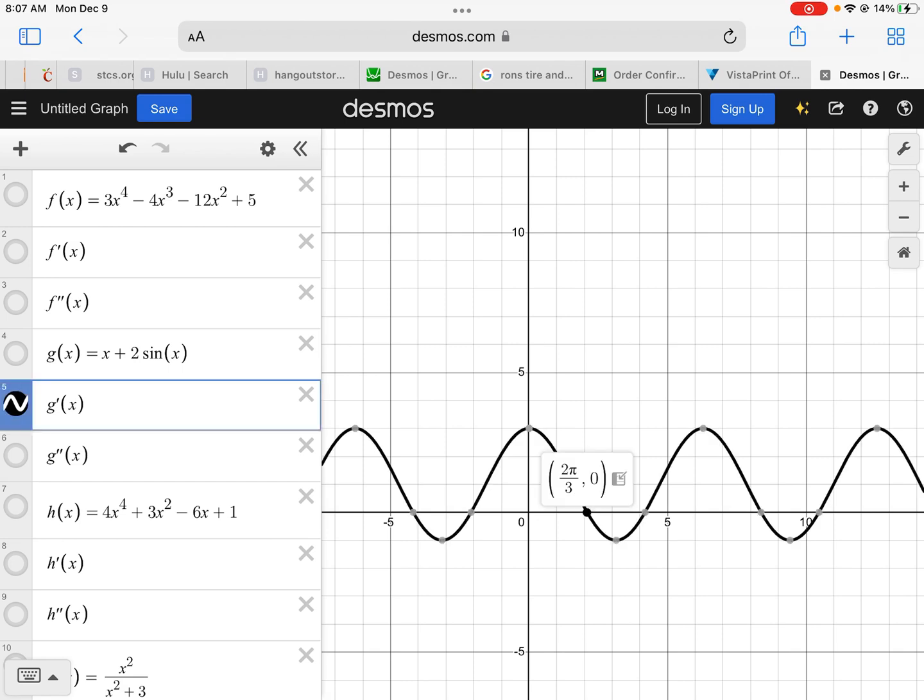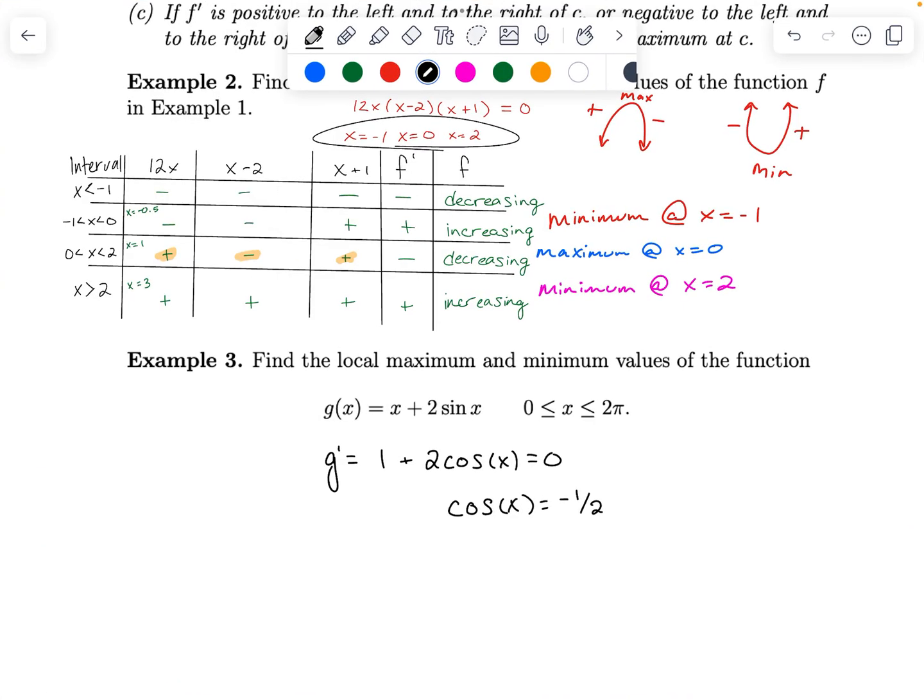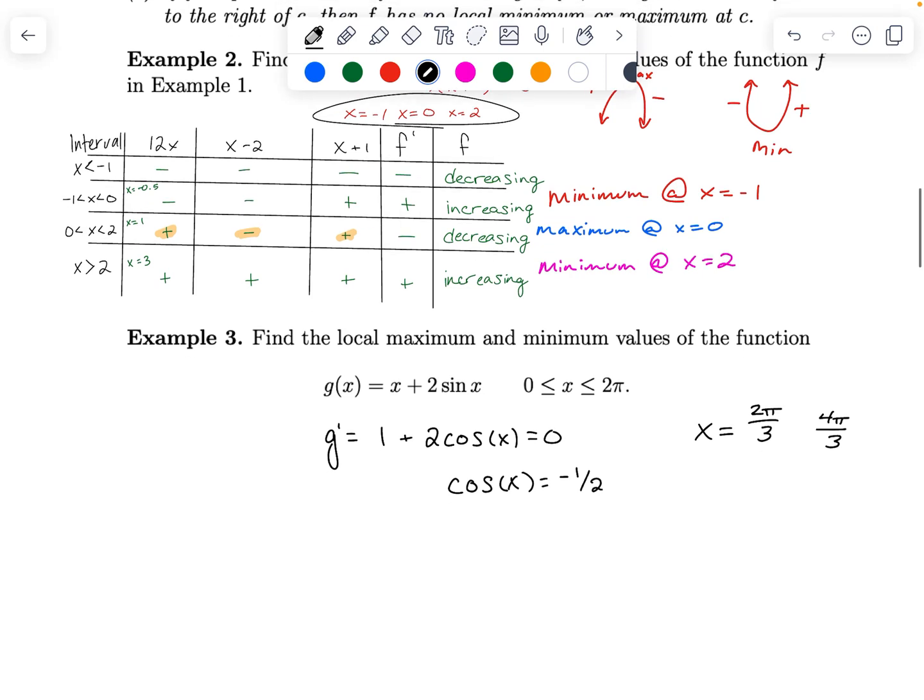It's going to be at 2 pi over 3 and at 4 pi over 3. So at 2 pi over 3 and 4 pi over 3, I've got these critical points.